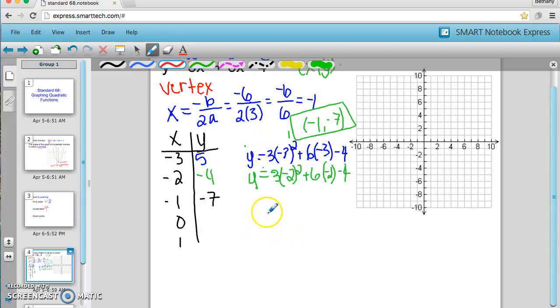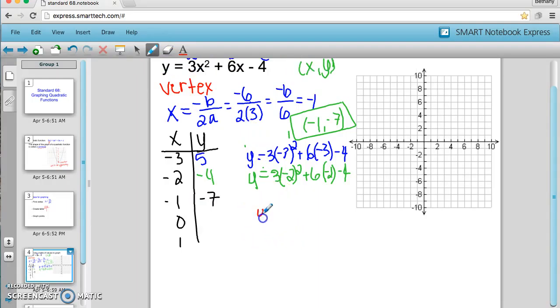Okay, so let's go ahead and plug in our 0. So 0 is going to be easier to plug in. So y equals 3 times 0 squared, plus 6 times 0 minus 4. If I plug all this in my calculator, 3 times 0 squared plus 6 times 0, all of this is just going to give us 0. So then 0 minus 4, I'm just going to have a -4.